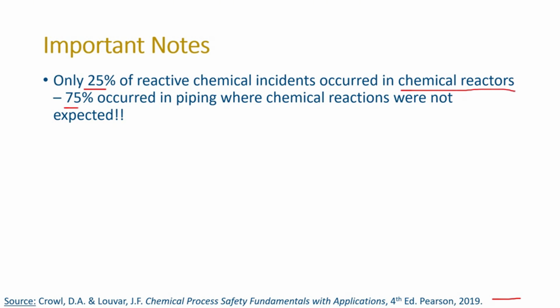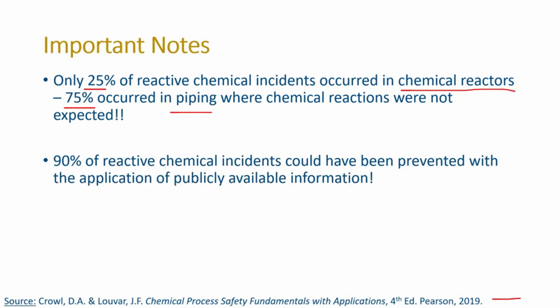And the other 75% occur in piping, where chemical reactions were not expected. 90% of reactive chemical incidents could have been prevented with the application of publicly available information, like the information that was generated using the chemical reactivity worksheet.